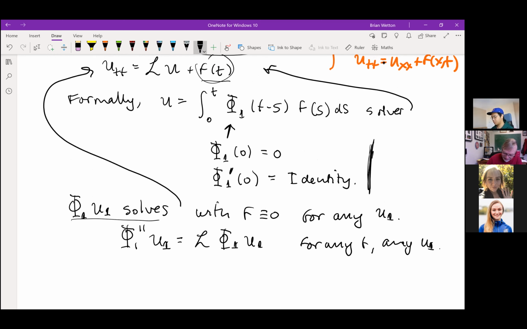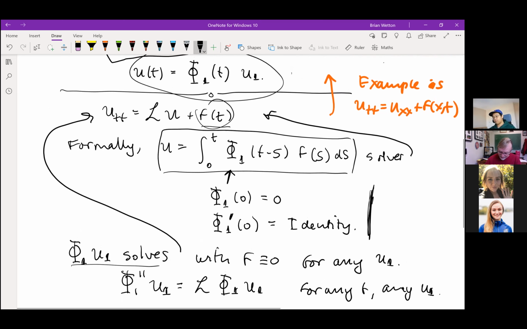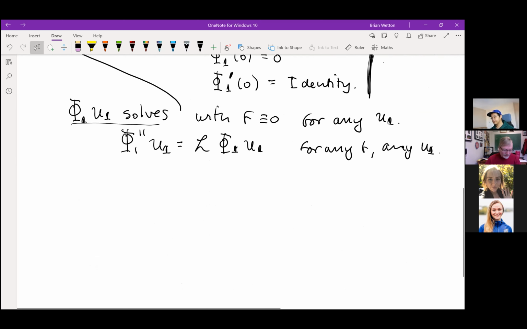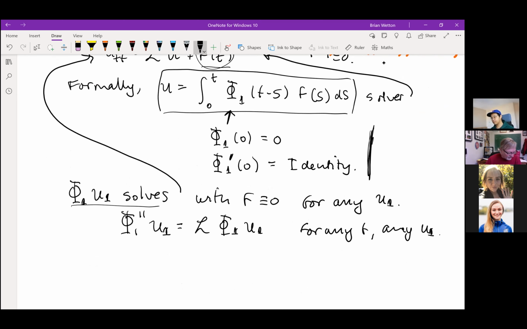So now I'm going to take this u, which I say solves the forcing problem, and I want to solve the forcing problem with no initial conditions and no initial time derivative. Now I'm going to see if this thing really does solve it.